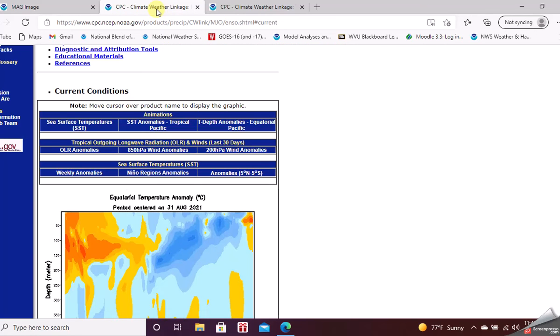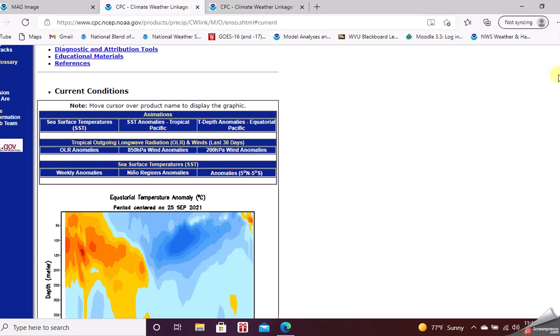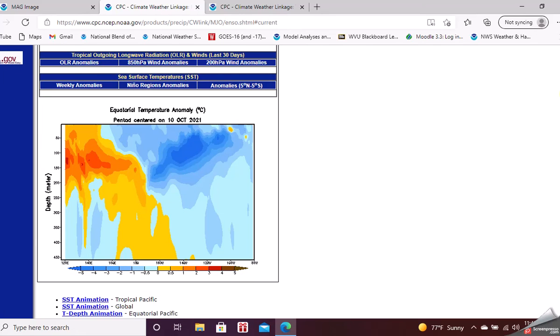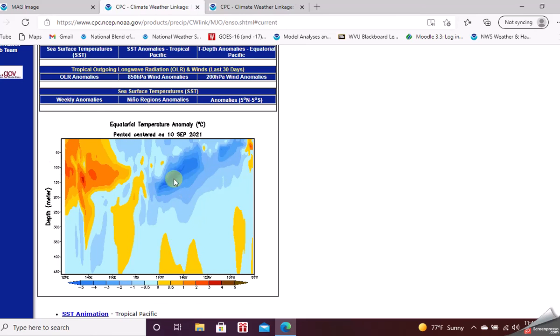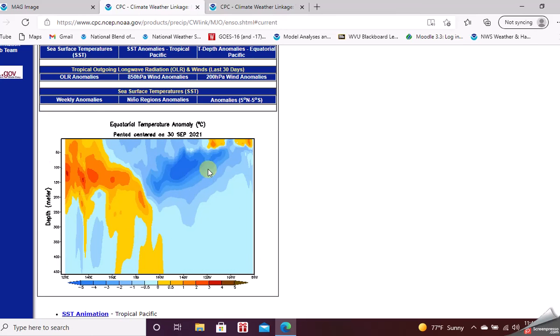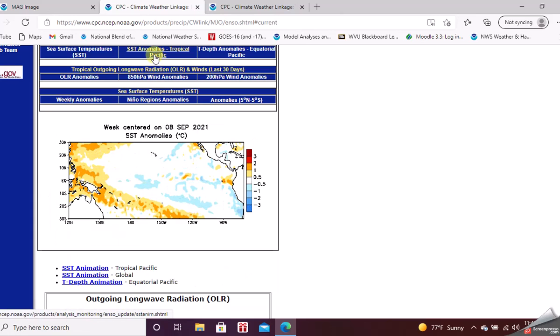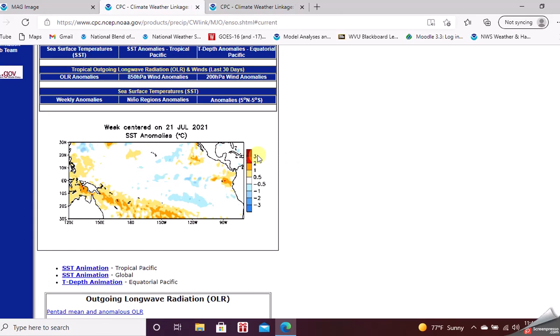And when you look at some of this, you can see the equatorial temperature anomalies here. Notice how much colder now with depth. That's what's cooling parts of the area aloft. And here you can see with time, it's beginning to be reflected with cooler temperatures in parts of it.